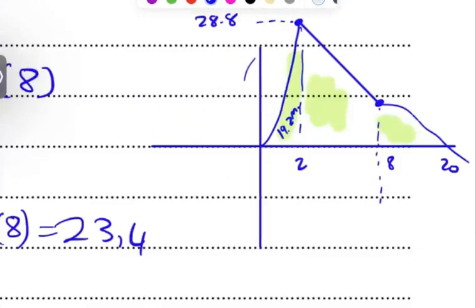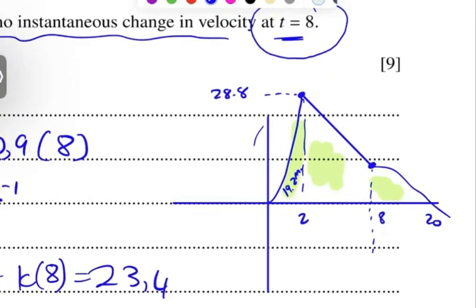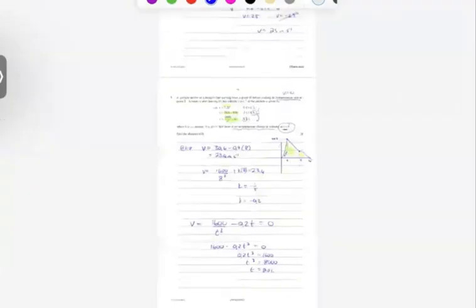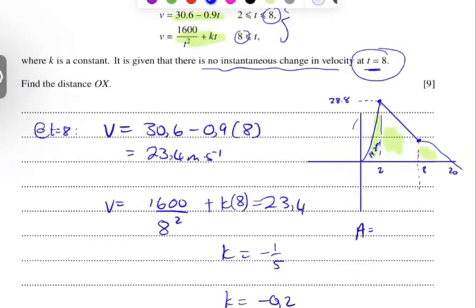Now I'm just going to look at my trapezium here. I don't need to integrate, although it is going between 2 and 8. You can integrate it between 2 and 8, but because I know my two values, my lengths are 28.8 and 23.4. Those two lengths divided by 2, and then it's going for 6 seconds.